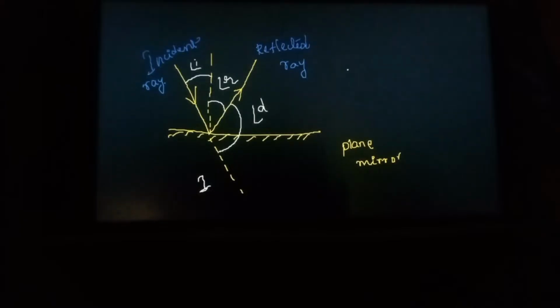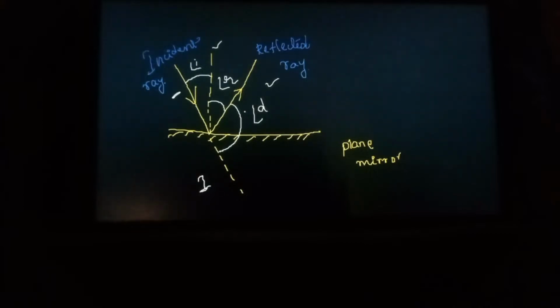Now you can observe what we are considering: incident ray, reflected ray, normal line. The angle between the incident ray and the normal line is called the angle of incidence. The angle between the reflected ray and the normal line is called the angle of reflection.